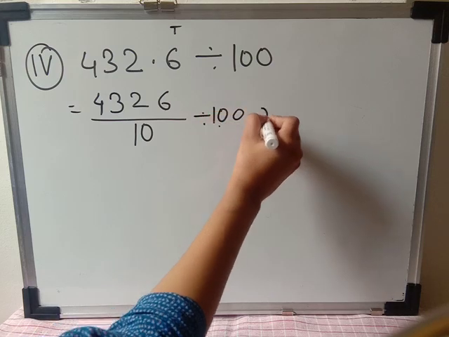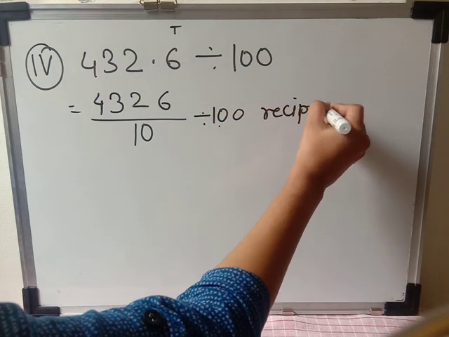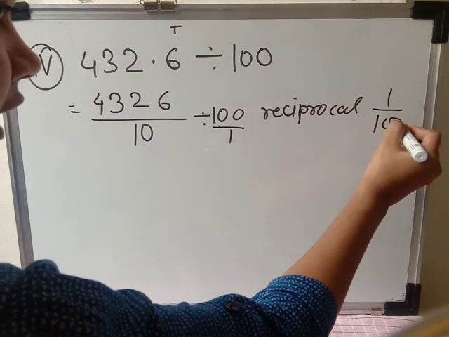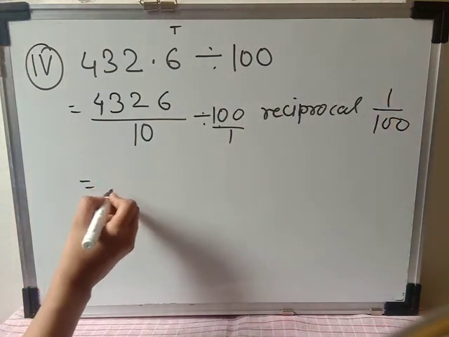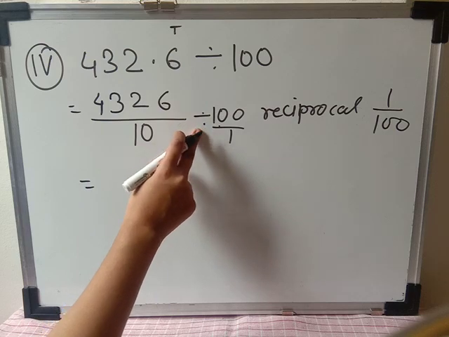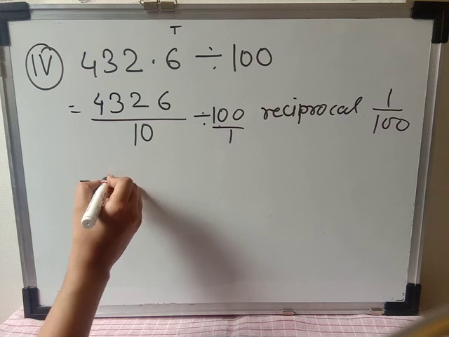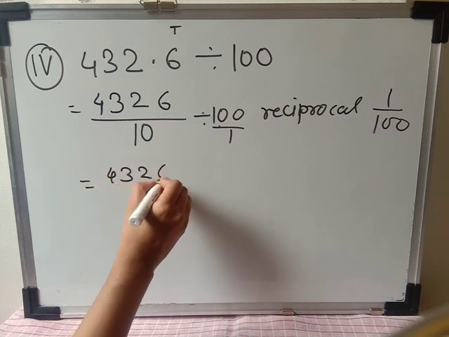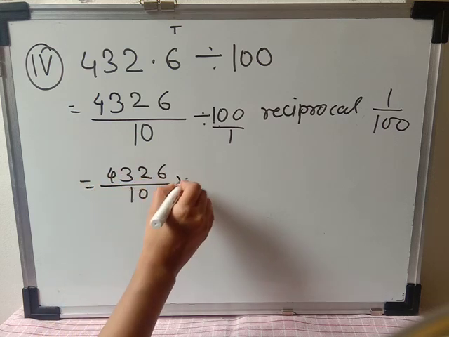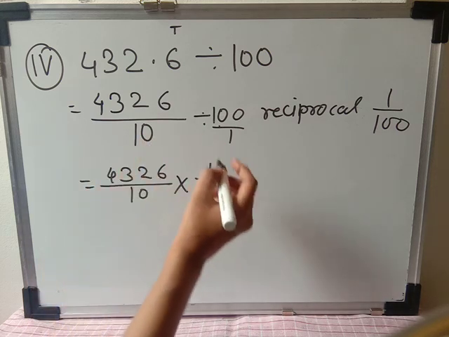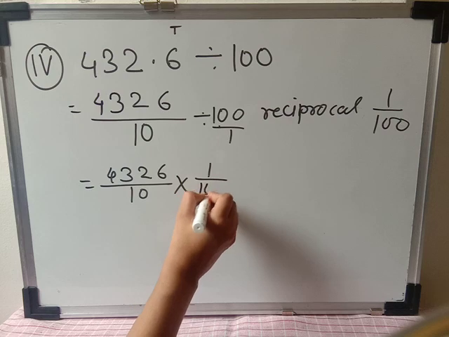Take the reciprocal of 100. It means here will be 1 upon 100. We have taken the reciprocal, so we have to change the sign. Here division is there and now we take the multiplication sign: 4326 upon 10 multiplied by 1 upon 100.